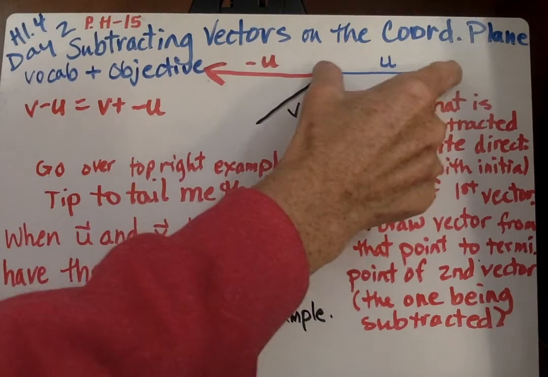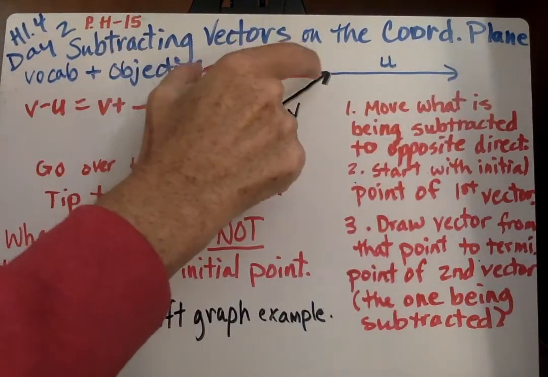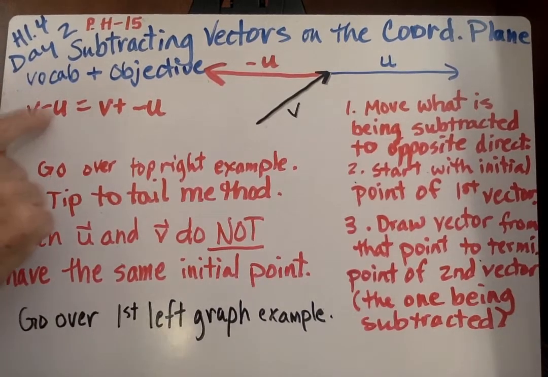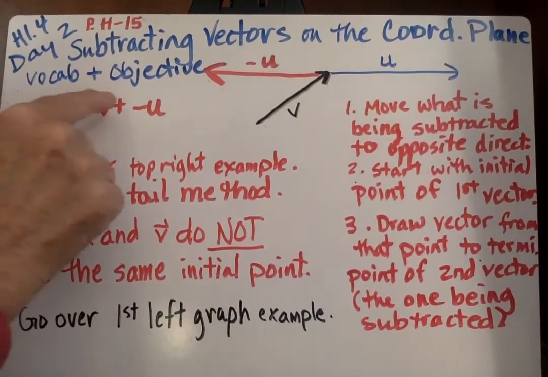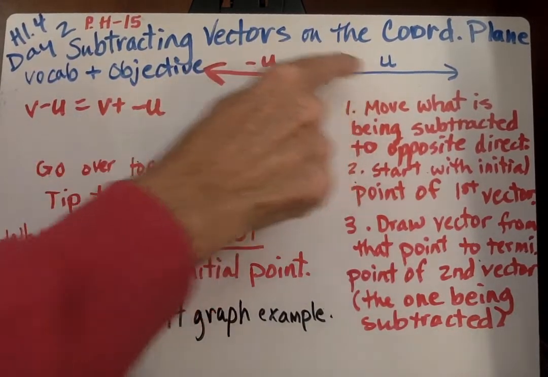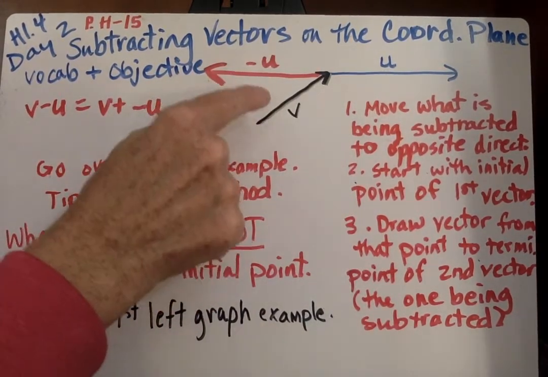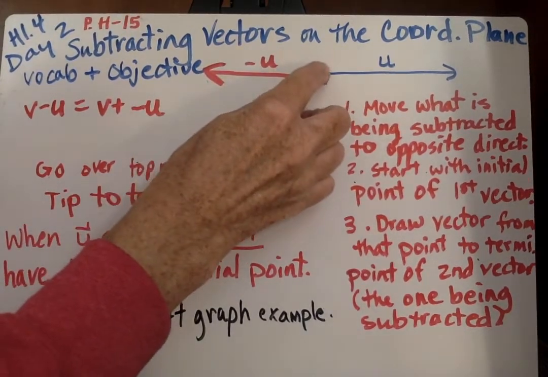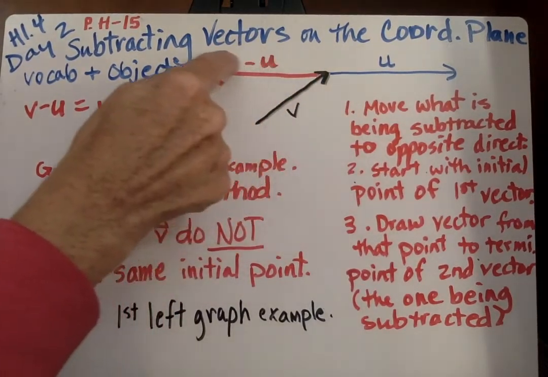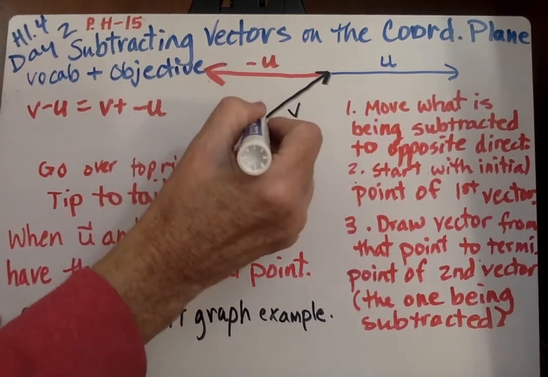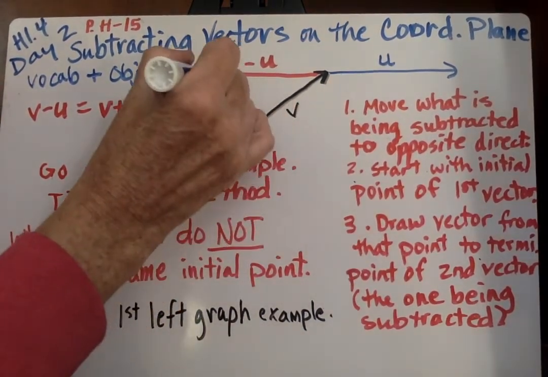So again, here's U, I flip it around, and there's negative U. So to find V minus U, we're going to change it to V plus negative U. So here's negative U, and here's V. So when I combine these two, I put the tail over here at the tip here, and I go this direction with the negative U. So my final answer is going to be V minus U, which is this right there.